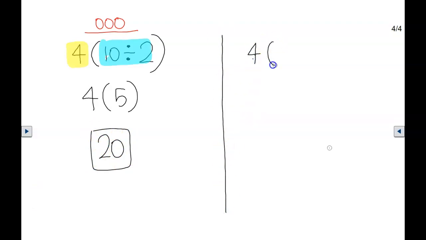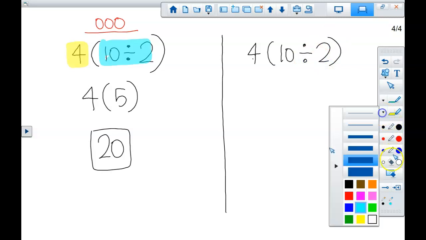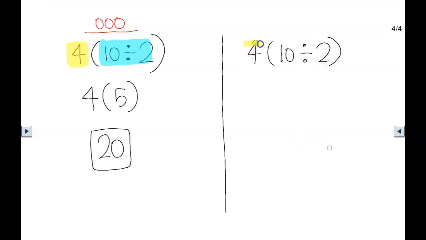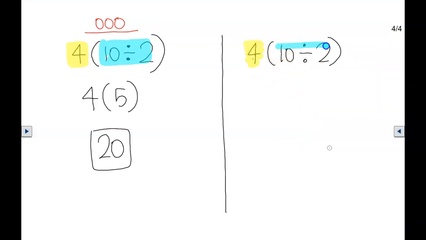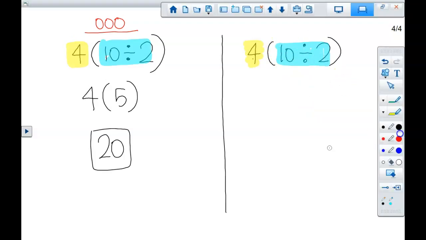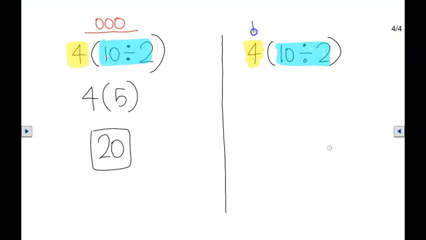Same problem. We're multiplying the number 4 by the entire group, 10 divided by 2. This time around, we're going to try this using our distributive property.